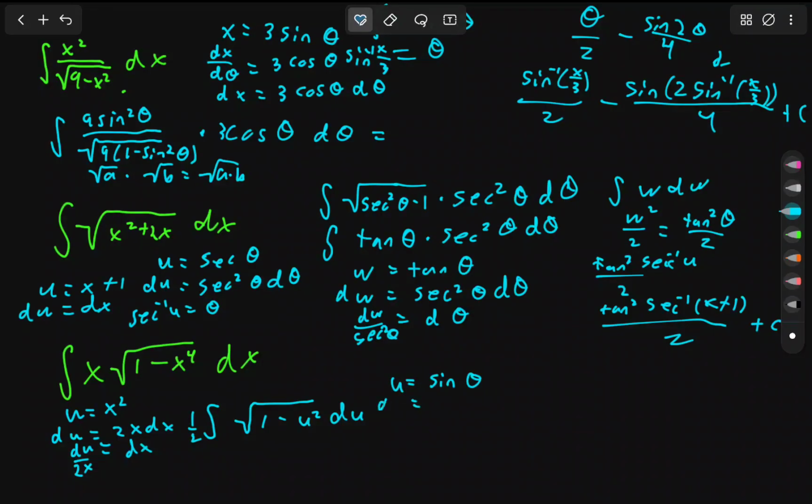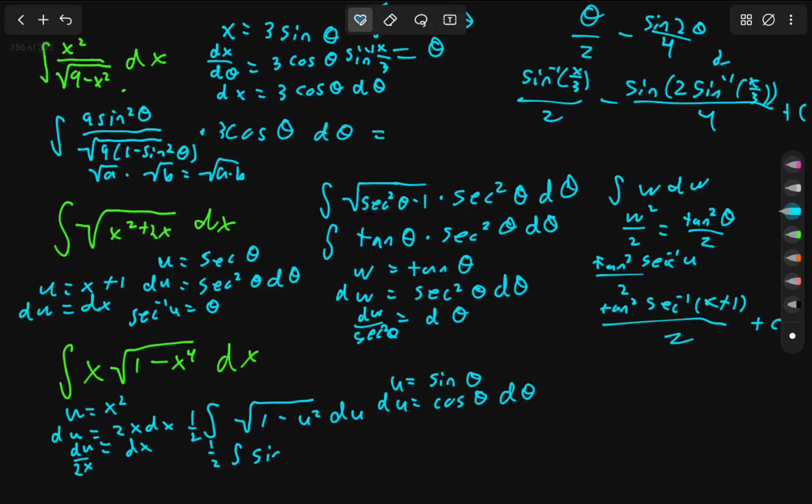So then our du is going to be equal to cosine of theta d theta. We can now substitute this in, so we get 1/2 the integral of 1 minus sine squared of theta times cosine squared of theta d theta.